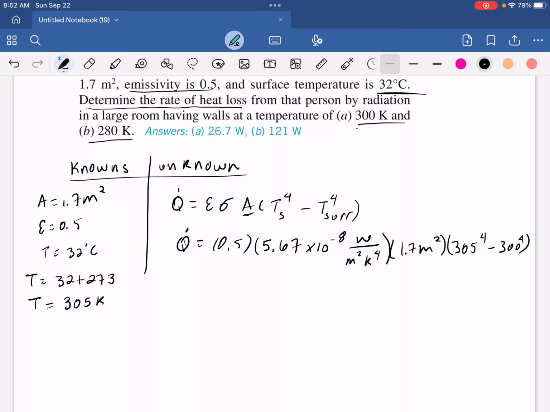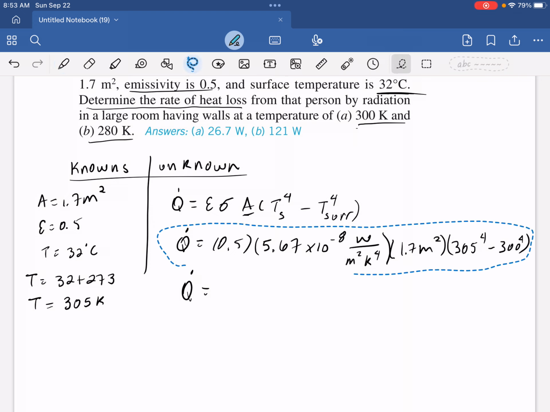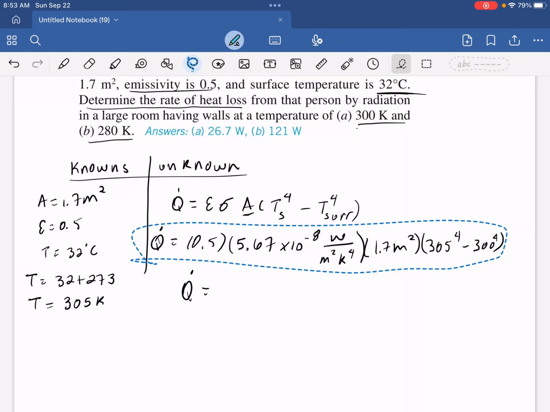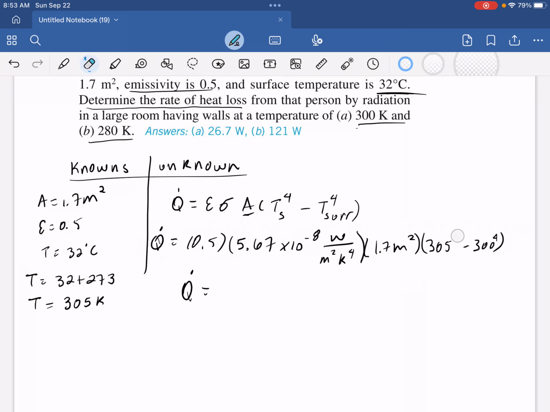Now I'm gonna have you guys do all of this on the calculator. Essentially multiply 0.5 times 5.67 times 10 to the negative 8 times 1.7 times 305 raised to the fourth minus 300 raised to the fourth. Now I do need to include my unit in here. It's one of the things that I've told you all, it's very important, right? So let me move this just a bit to the side and rewrite this.